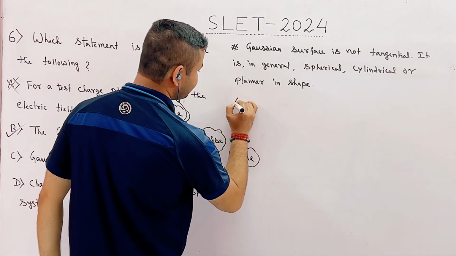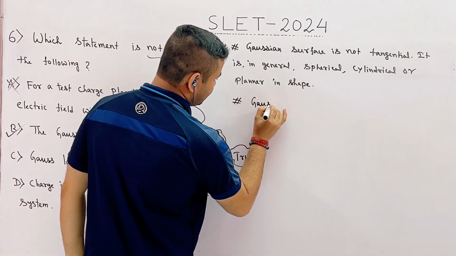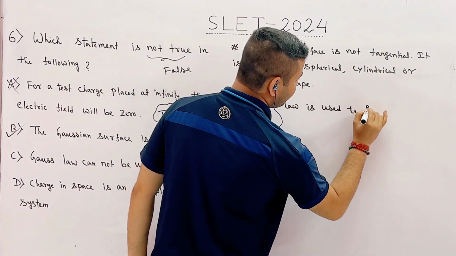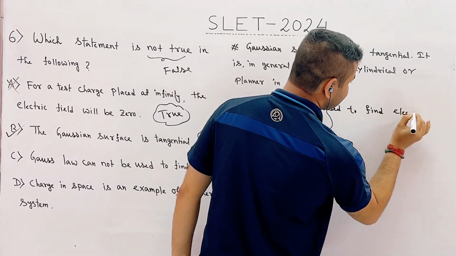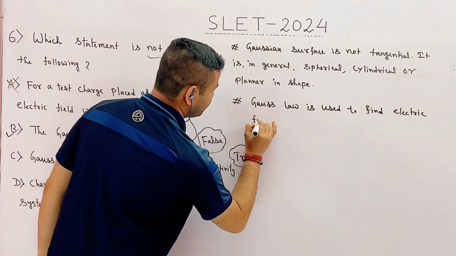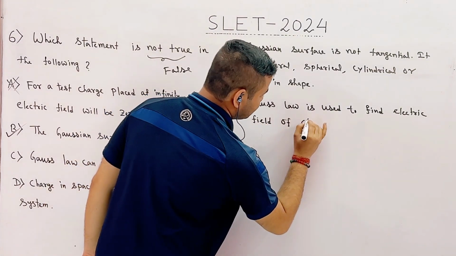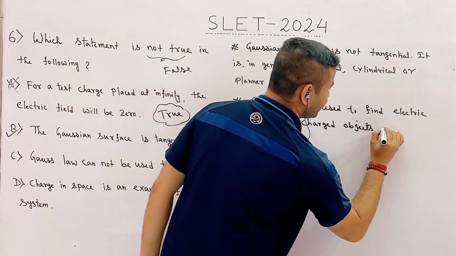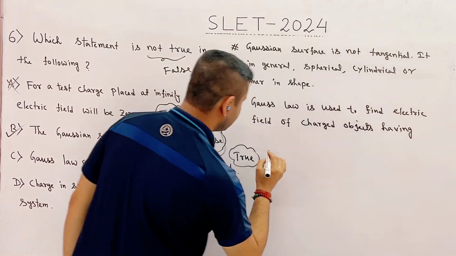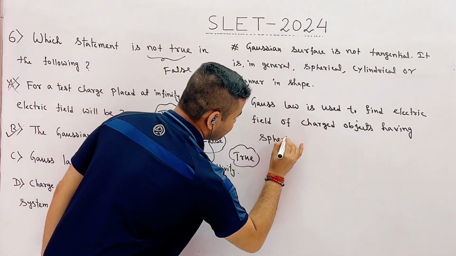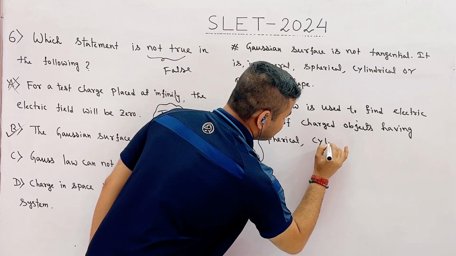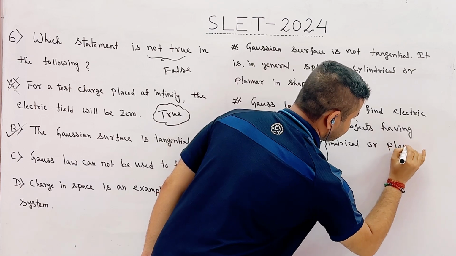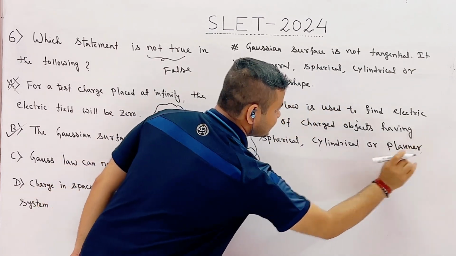Now let me write these points. Gauss law is used to find electric field of charged objects having spherical, cylindrical or planar symmetry.